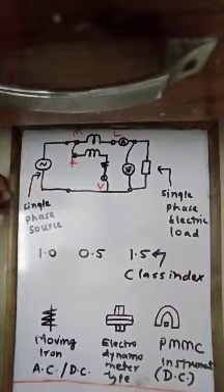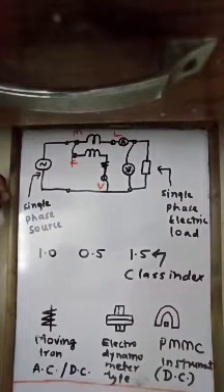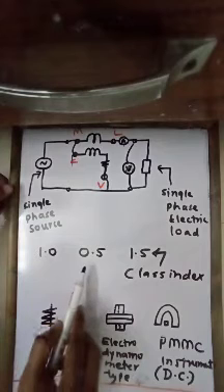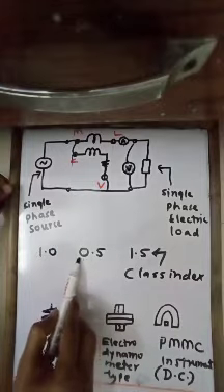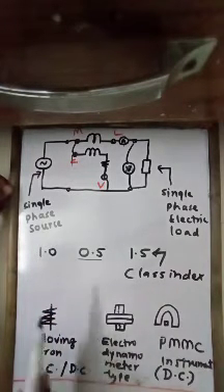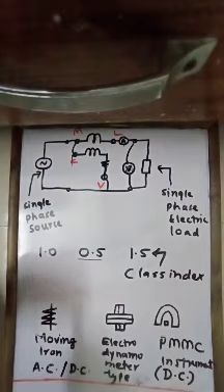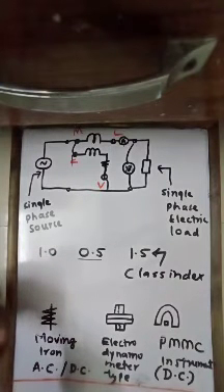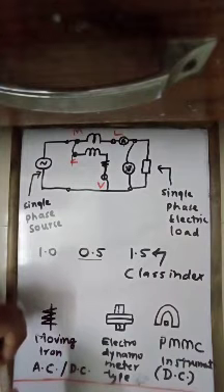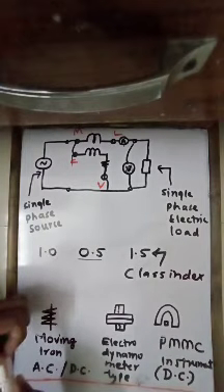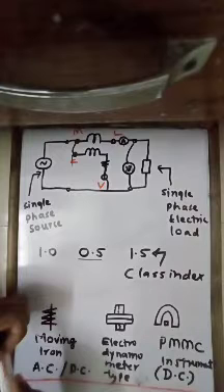Class index basically gives the indication of the accuracy of that particular instrument. If the class index is 0.5, then it indicates that over the range of that instrument, 0.5% of full scale deflection error can exist anywhere.